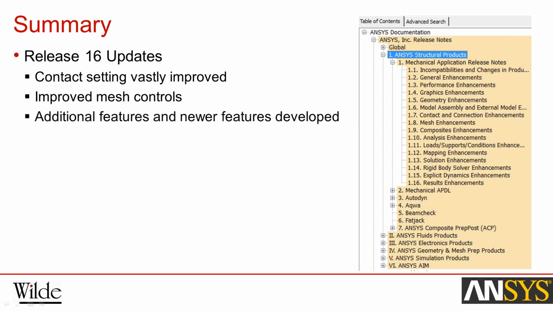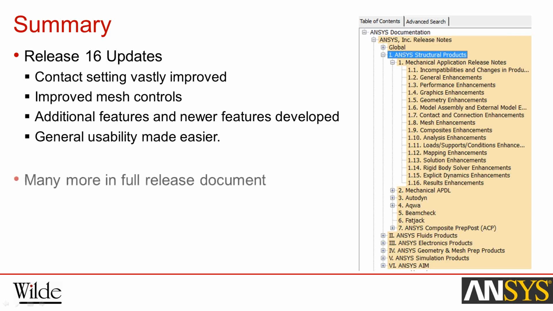We have seen some brand new features, such as automatic adaptive remeshing, and we have also seen that some of the newer features, such as the contact object, have been further developed. And finally, I showed you some general enhancements that will make your day-to-day use of the Ansys Mechanical version 16 software a little smoother.